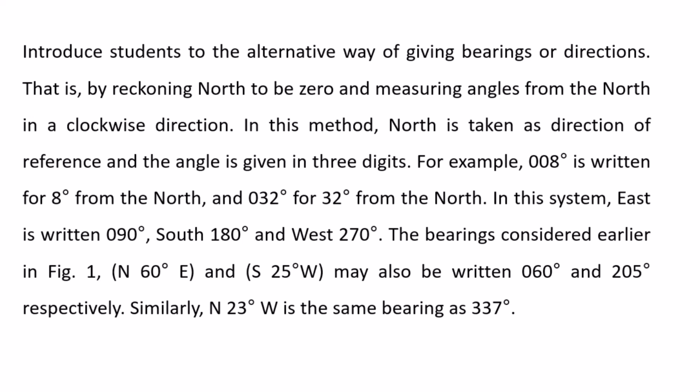For example, if you measure and you have 8, you need to write it as 008, 3 digits. If you have 36, you need to write it as 036. And we know that bearings are always from the north pole.